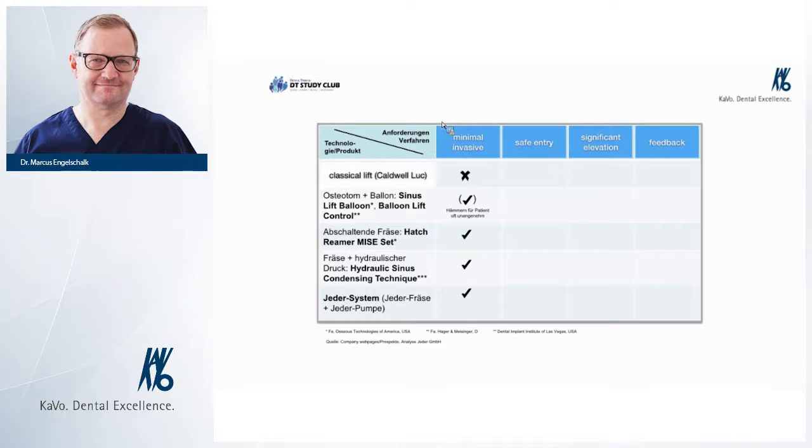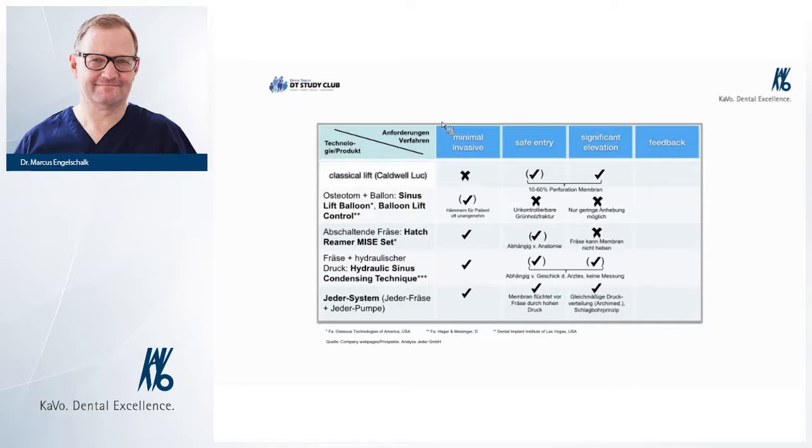Well, this is a picture for the internal sinus elevation we learned by Professor Summers. It's very easy. I think it's the first way we try to do it. We just drilled a little hole and then we bring our osteotomes in. We crack the residual bone and we just pump up the membrane, the sinus membrane.